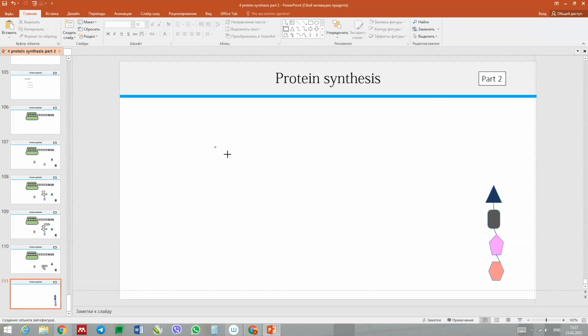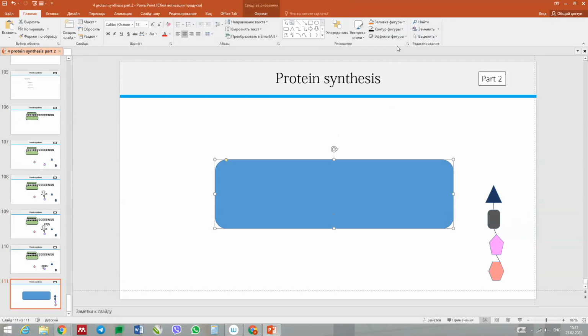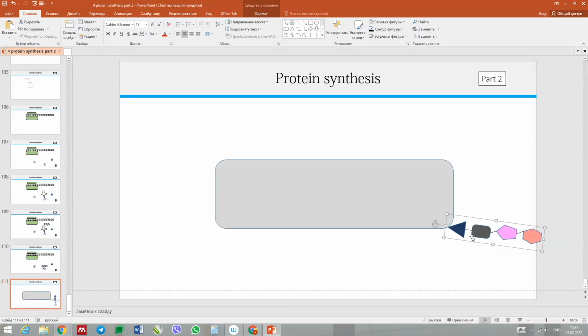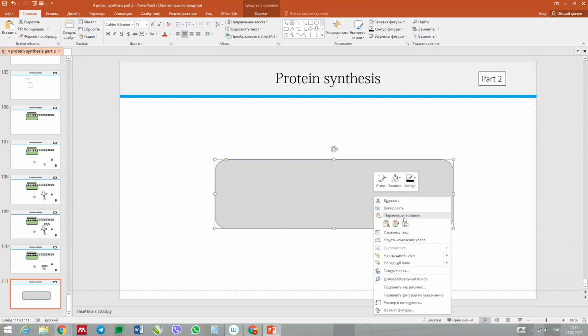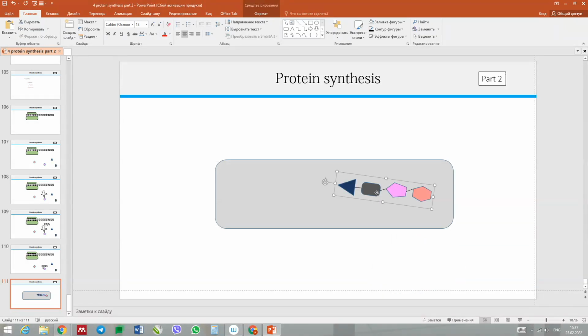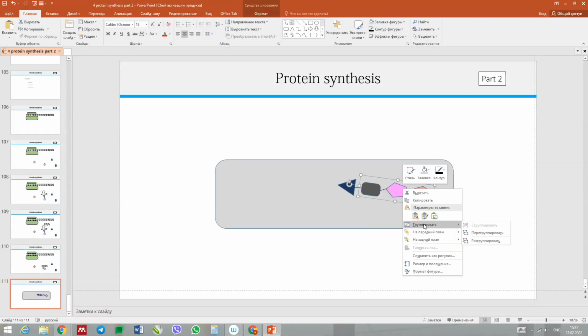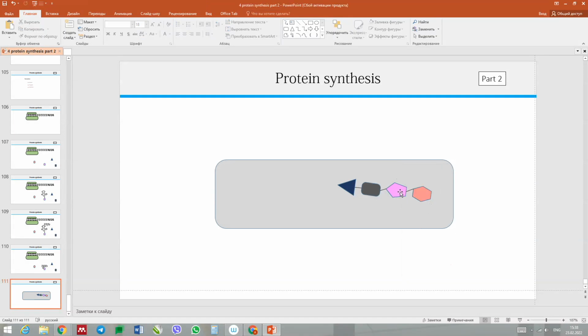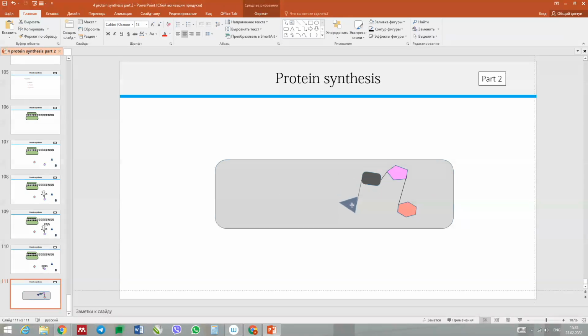Inside of the cell, there is a so-called endoplasmatic reticulum. And this primary structure of the protein will be transferred inside of endoplasmatic reticulum. There, inside of endoplasmatic reticulum, this primary linear chain of the protein will acquire special three-dimensional conformation.